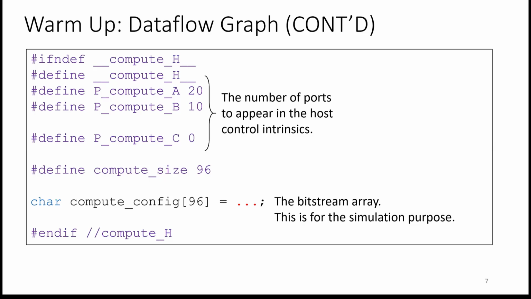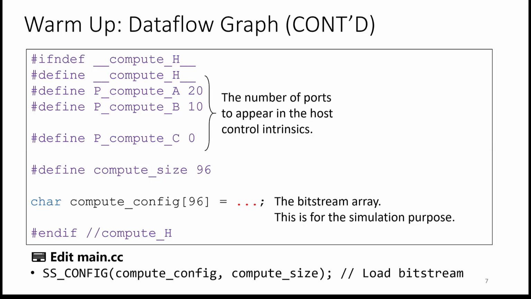Now we can open the main.cc file and find the kernel function to fill in these intrinsics. This intrinsic just loads the bit stream from the array.